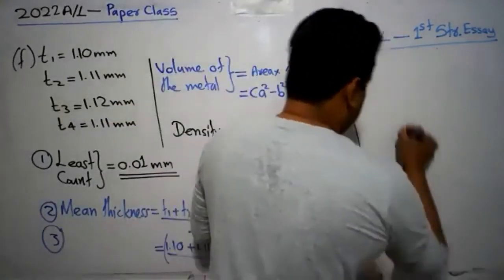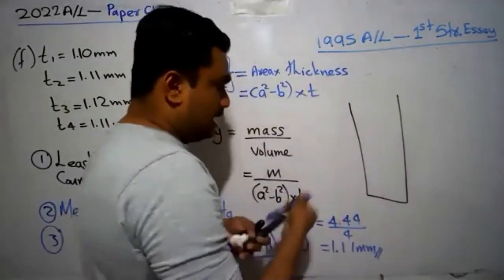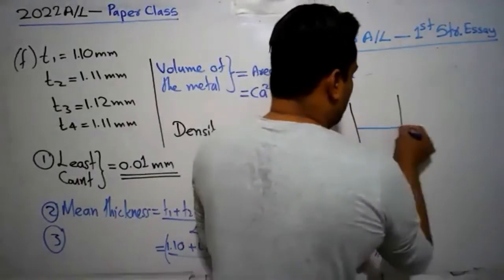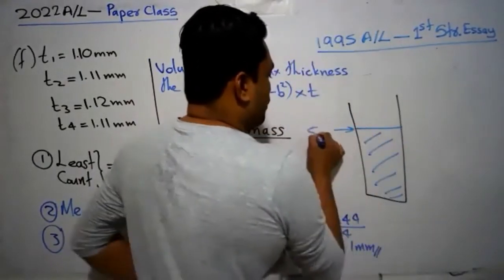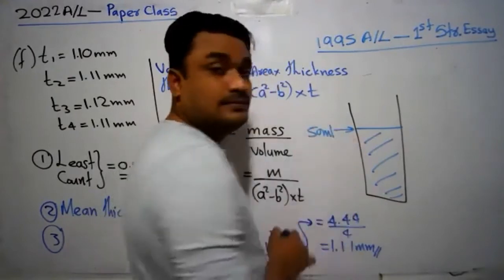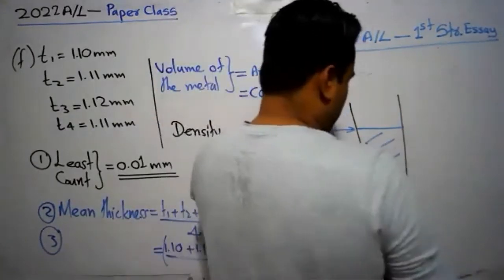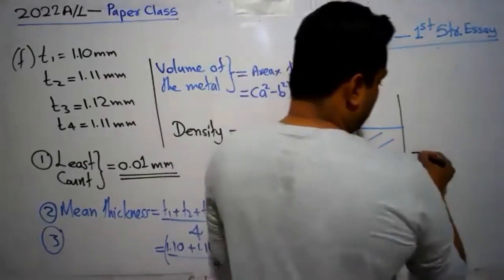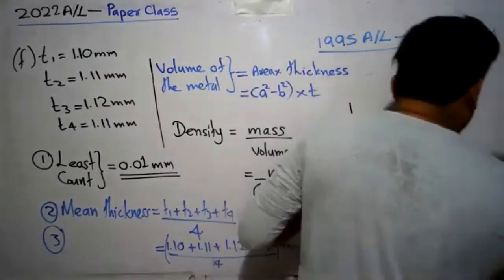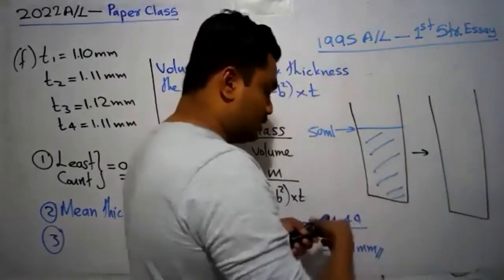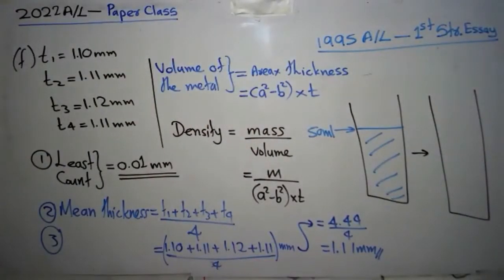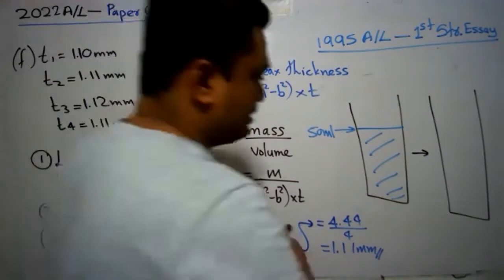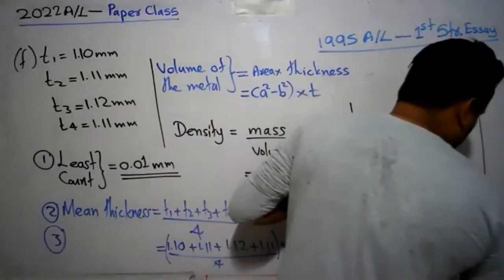We can take a measuring cylinder, and let's say we have filled water up to the 50 millimeter level. After that, we place the metal sheet inside this measuring cylinder.